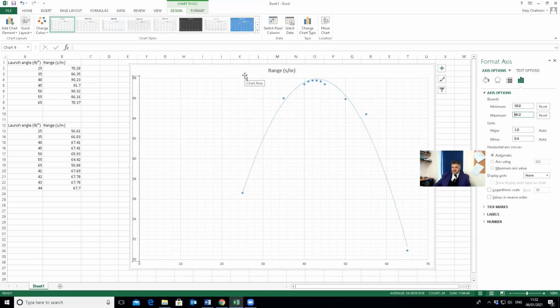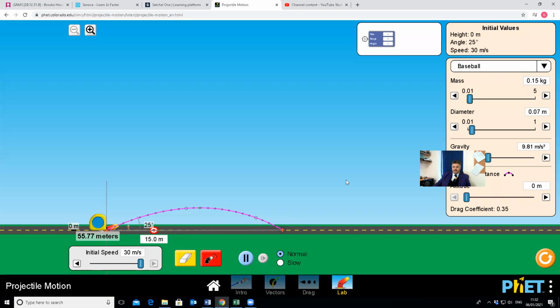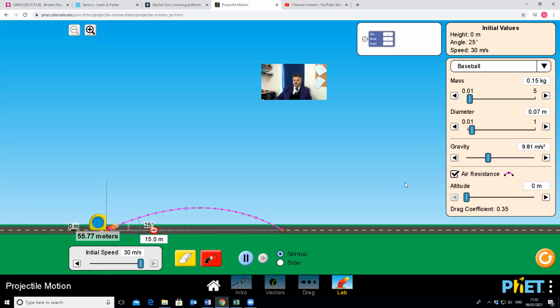Once you've done the practical and you've taken your readings, drawn your graphs, what you can do is then use the simulation to have a little bit of a play. You can see what difference it makes, for example, to your optimum if you increase the air resistance.